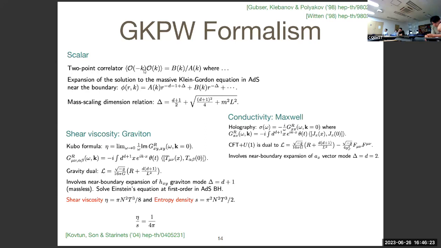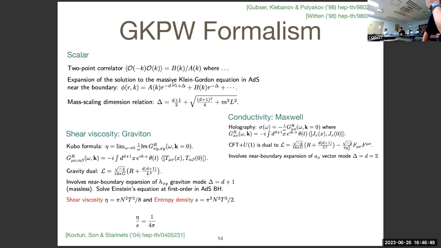But it turns out that you can write this expectation value as a ratio of two functions, those functions being the vev and the source of a scalar field, in this case a massive Klein-Gordon scalar field that you put in the bulk. Then the question is, how is that scalar field that you put in the bulk related to the scalar operator in the boundary?